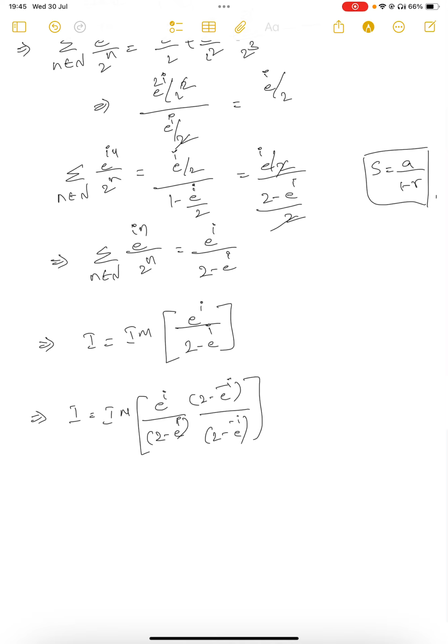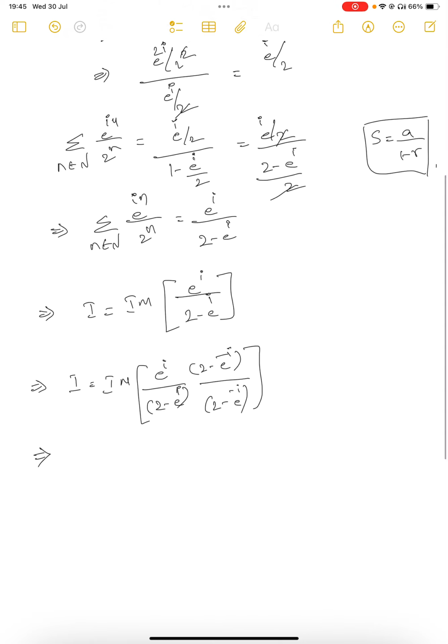We multiply and divide by the same number to make the denominator look more comfortable. Then I equals the imaginary part of e power i times 2 minus e power i times i, which gives 1 since e power 0 is 1. The denominator will be 5 minus 2 into e power i plus e power minus i.